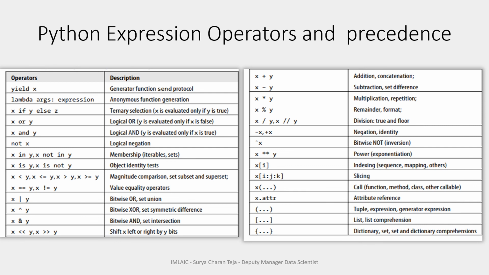The plus operator is used for addition if it is numeric objects; if it is a string, it is used for concatenation. The minus operator is used for subtraction and set difference. And asterisk is used for multiplication if it is an int object, or if it is a string object, it is used for repetition.